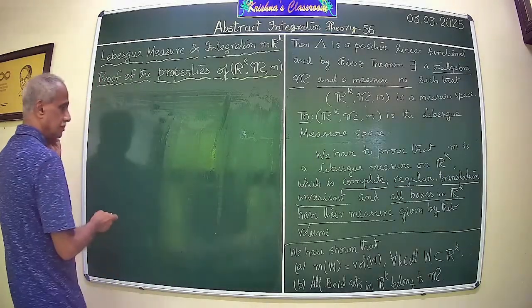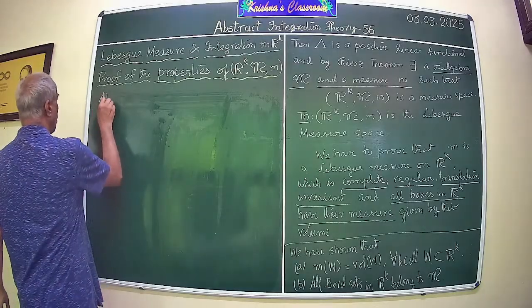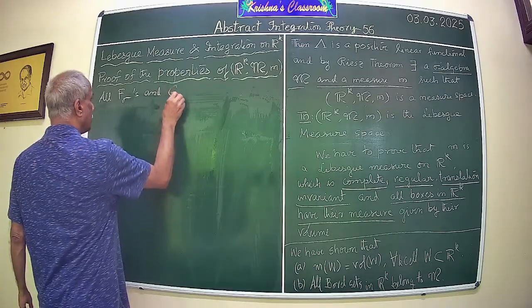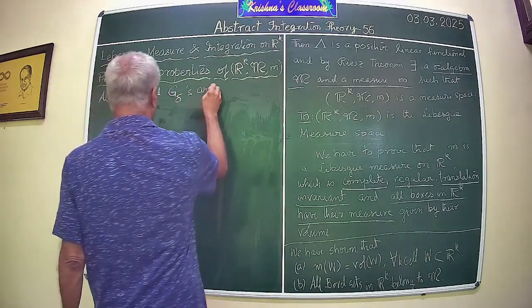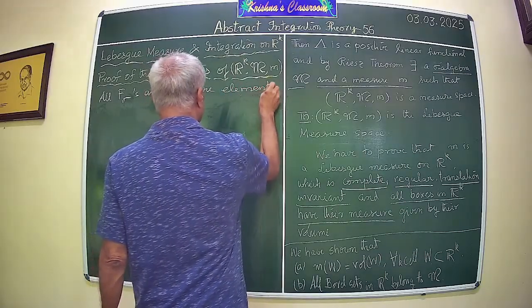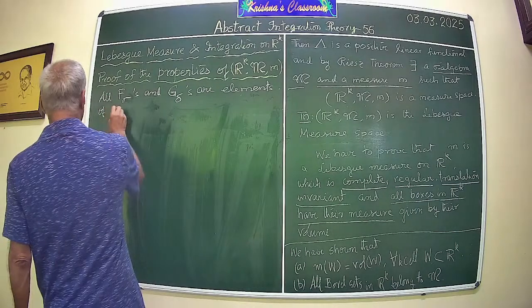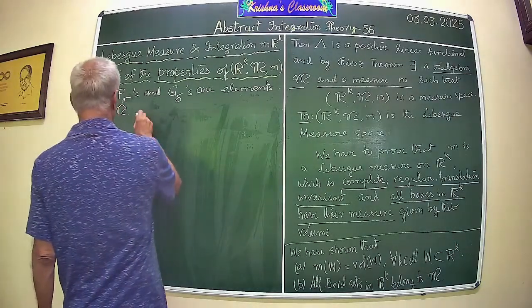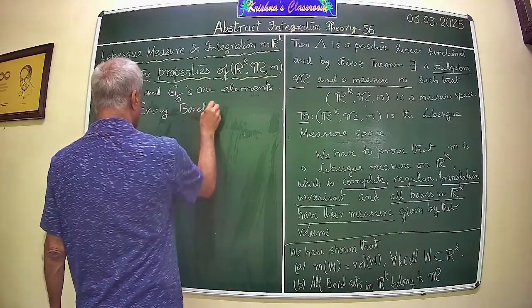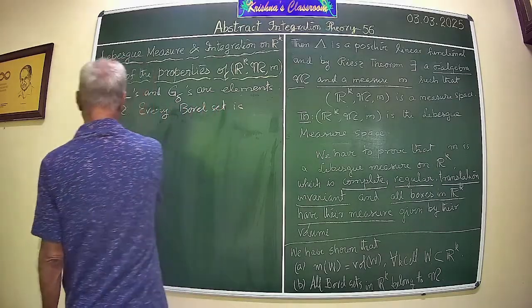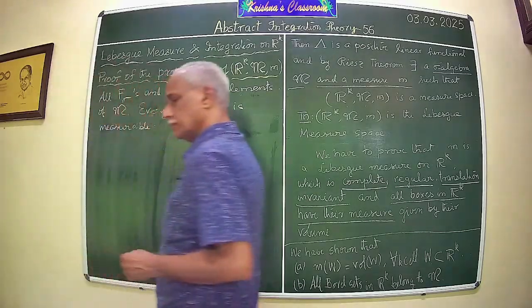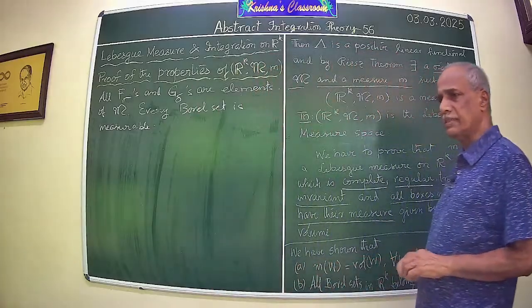So all F sigma and G deltas are measurable, and every Borel set is measurable. This we have seen. Now further, what more can you say?